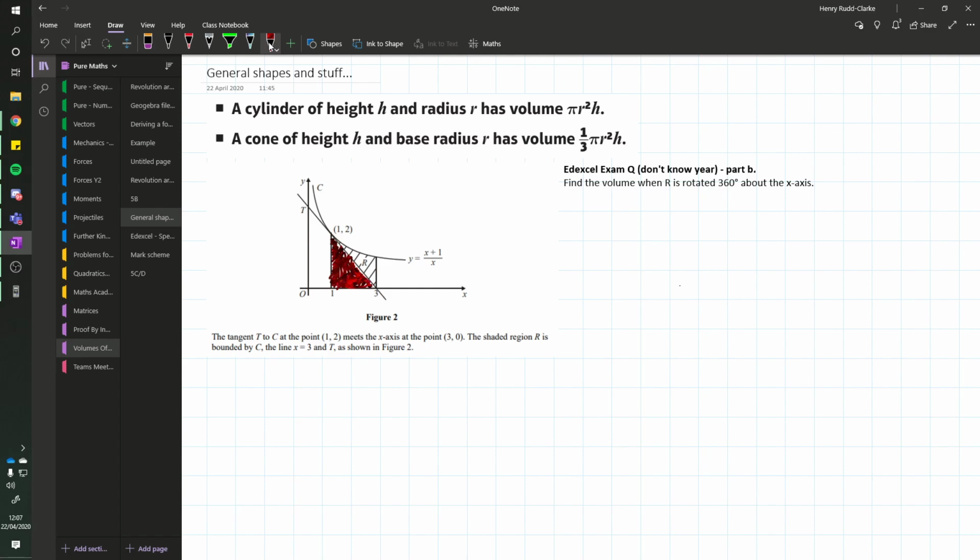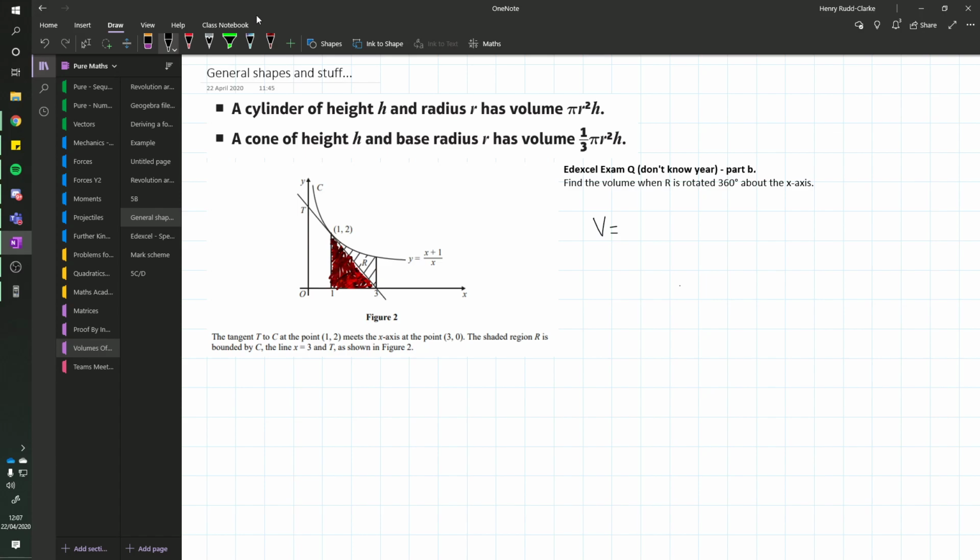And what we can think about is, if it makes a cone, the radius of the base would be 2, the height of the graph here, and the height of the cone would also be 2. So this should hopefully be a pretty okay little bit of maths for us to do here. So let's just find the whole area first and then take away the cone afterwards.